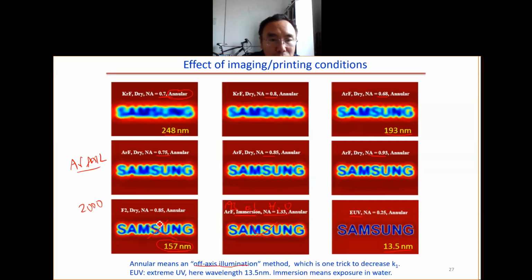As a result, the Japanese lithography companies, Nikon or Canon, lost to ASML because they took the wrong way. They put too much effort into 157 nanometer, not enough effort into immersion lithography.